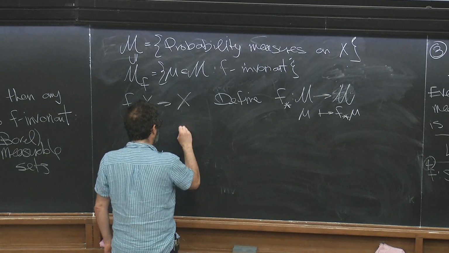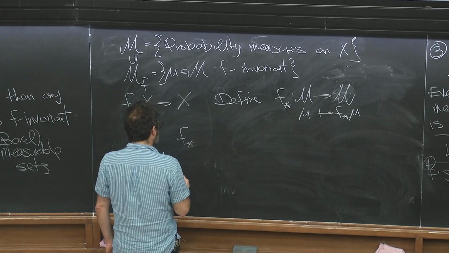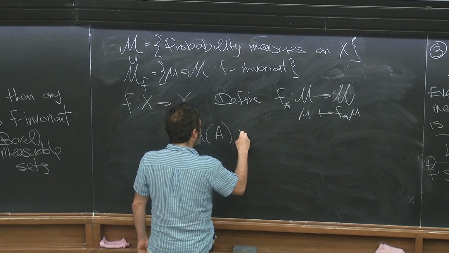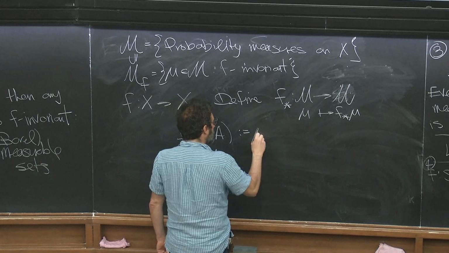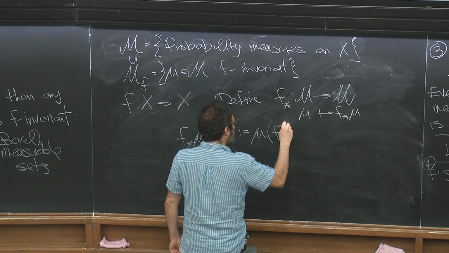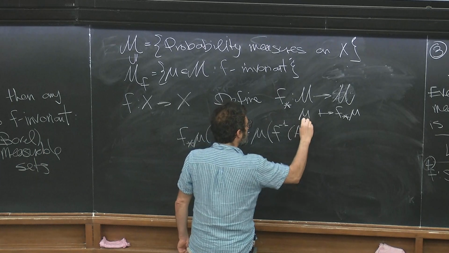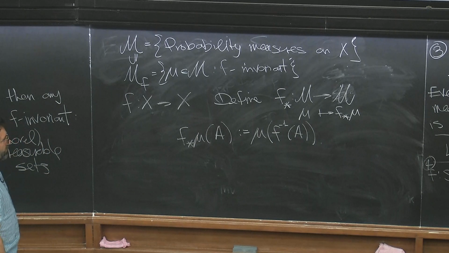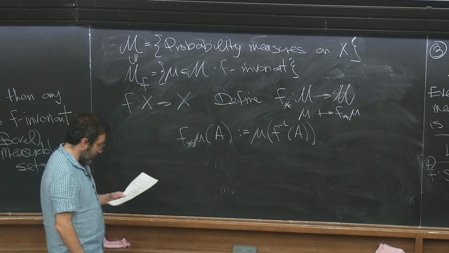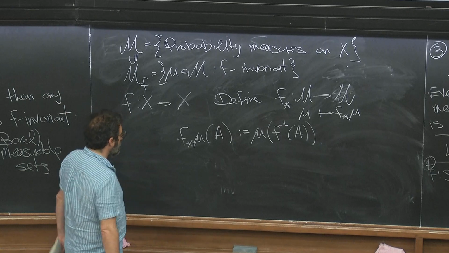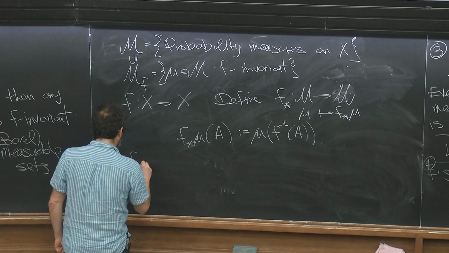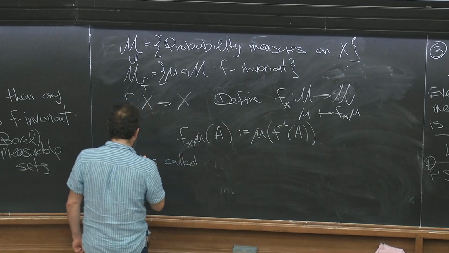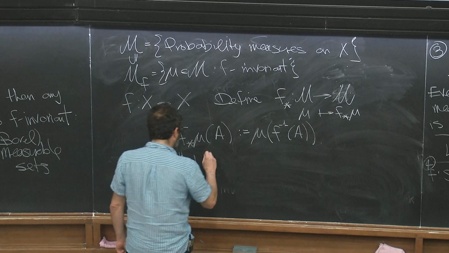F star mu of some measurable set A is by definition the measure mu of f minus 1 of A. So f star mu is called the push forward.